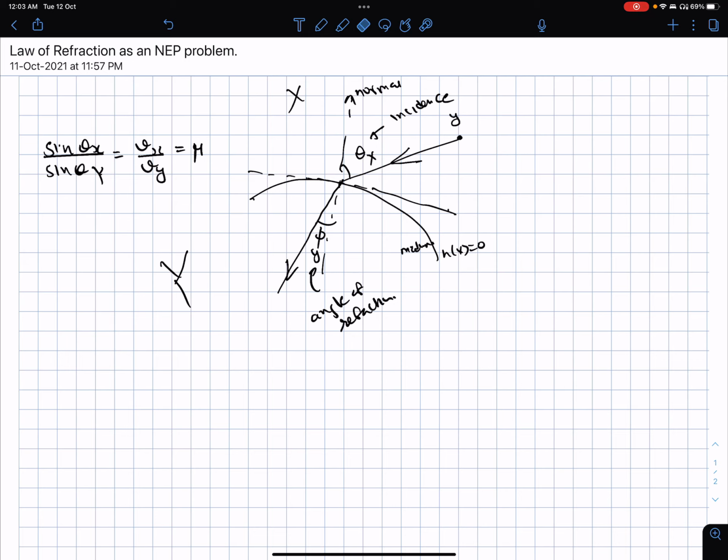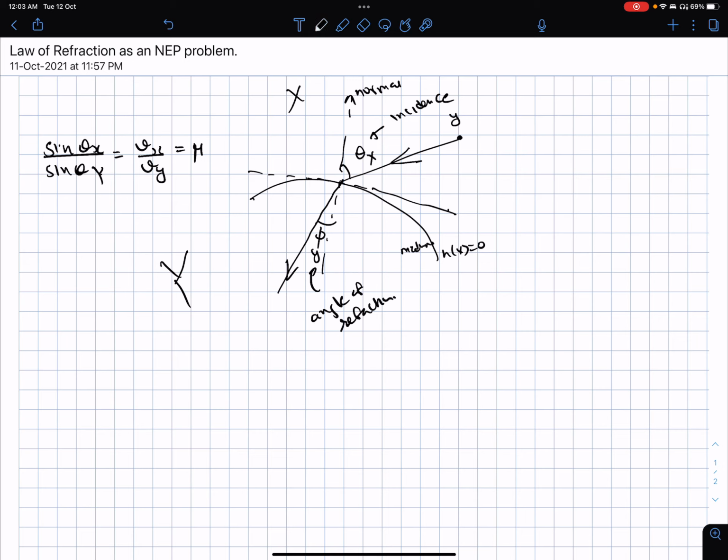This is the tangent here, and if I draw the normal, this is the normal, then to the normal this incident light makes an angle of incidence theta x and an angle of refraction theta y.